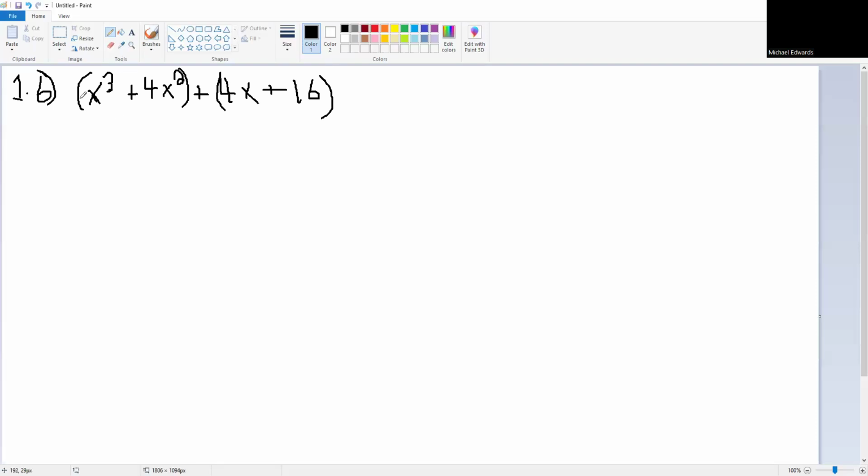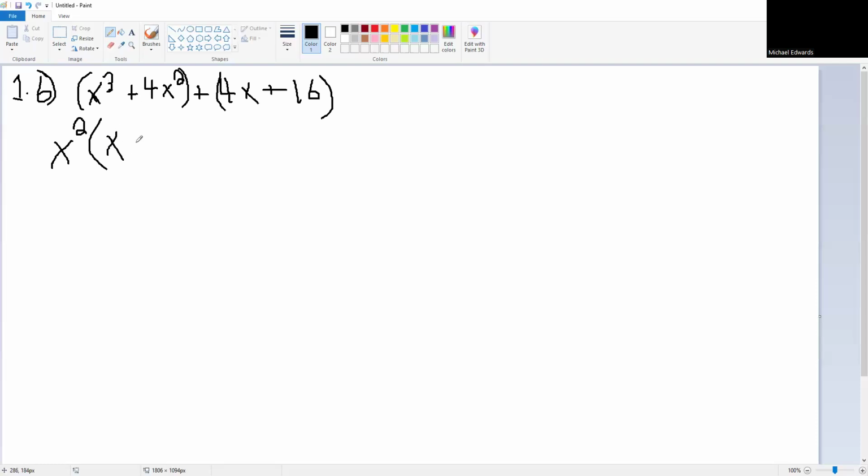So we know in this one, the greatest common factor is an x squared because there's no numbers that can come out. So it's only x squared. So I pull x squared out of x cubed.